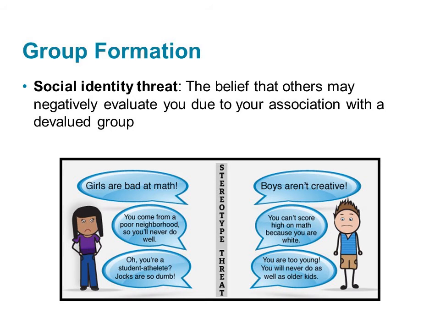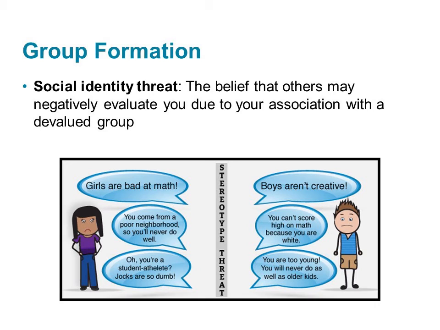As you might imagine, this us versus them mentality contributes to intergroup conflict, and also conflict within individuals. An example is social identity threat or stereotype threat.